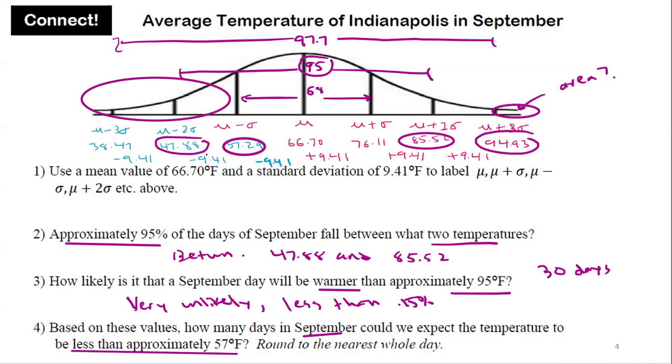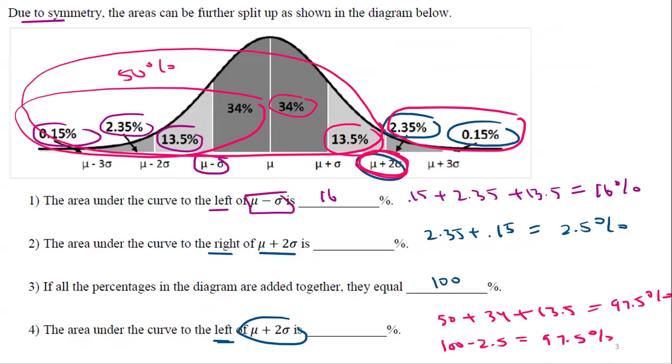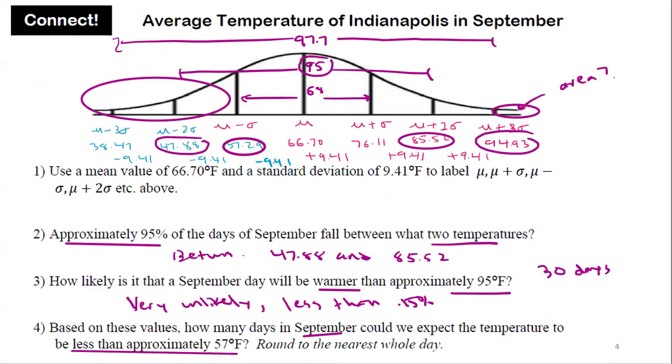And we already calculated that area on our previous slide. That would have been the 16%. You add the 0.15, 2.35, and 13.5%, and that gives you 16%.